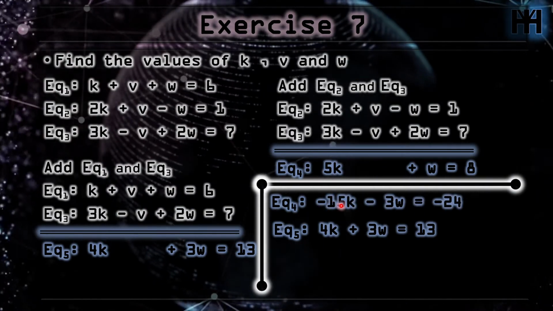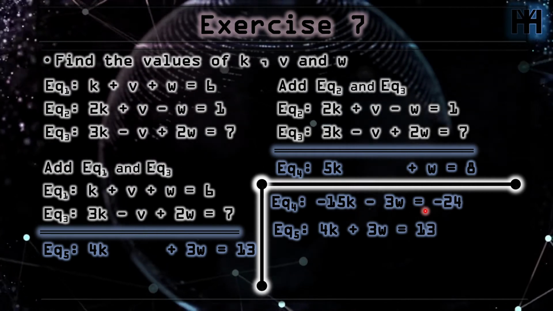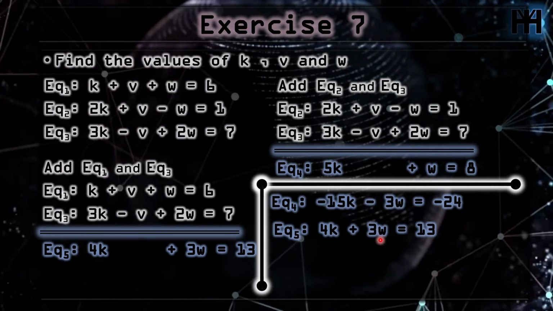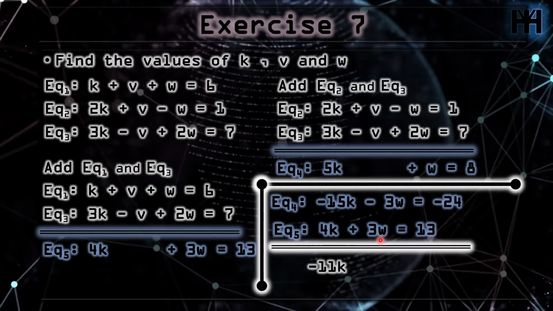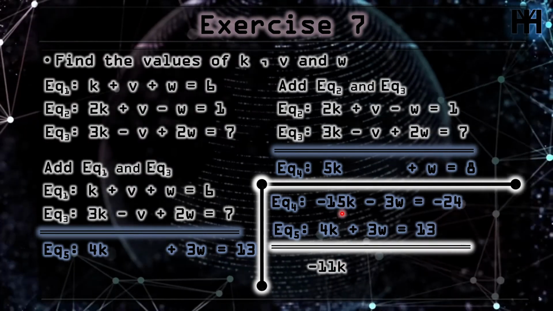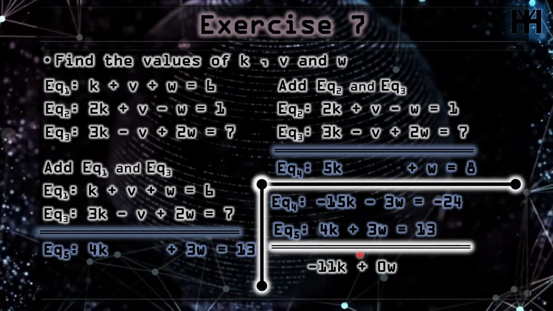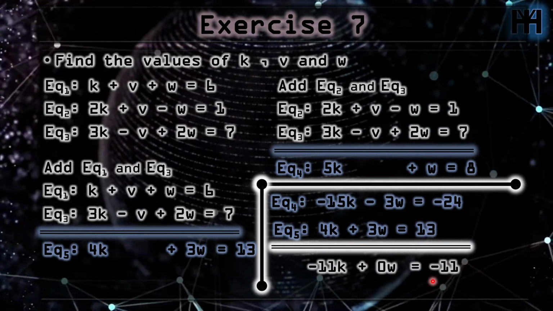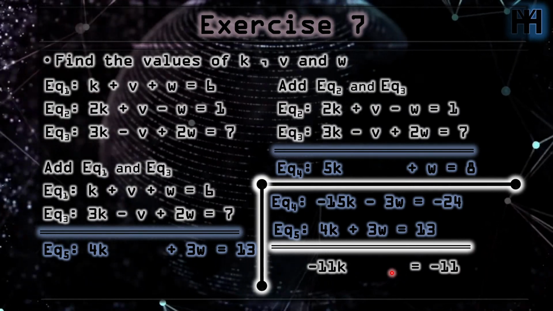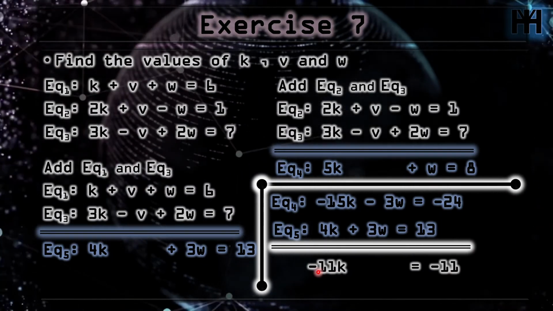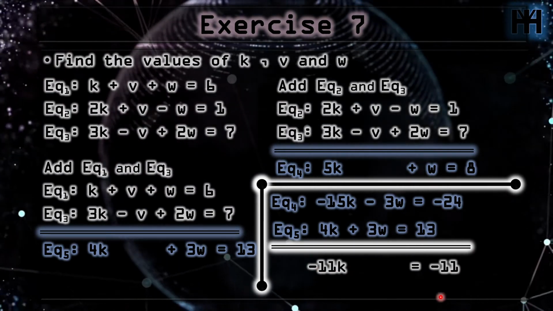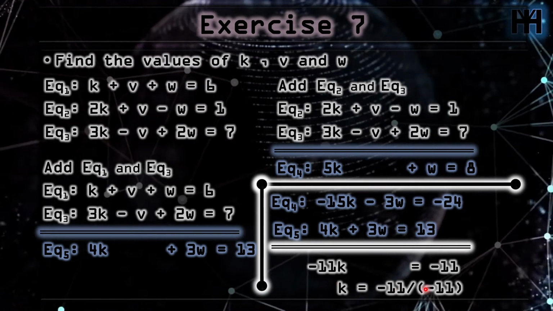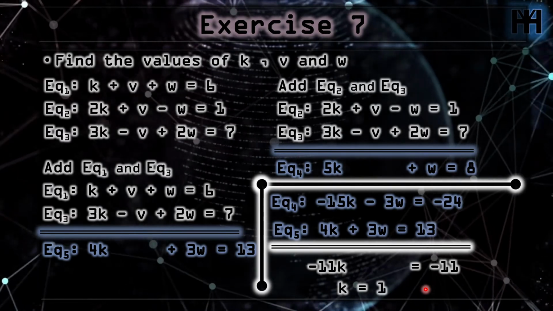We'll have negative 15k minus 3w equals negative 24. You see here, negative 3w and positive 3w. We can add them now. So we'll have negative 11k and 0w equals negative 11. We can remove this 0w. We don't need it anymore. We can divide by negative 11 on the other side. So k equals negative 11 divided by negative 11. So k equals 1.